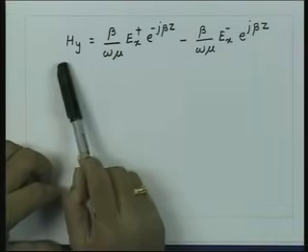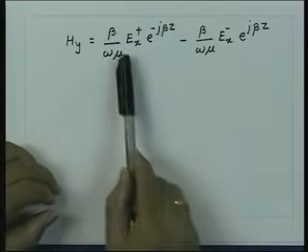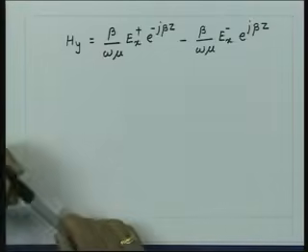So, Hy has two components corresponding to the two travelling waves.